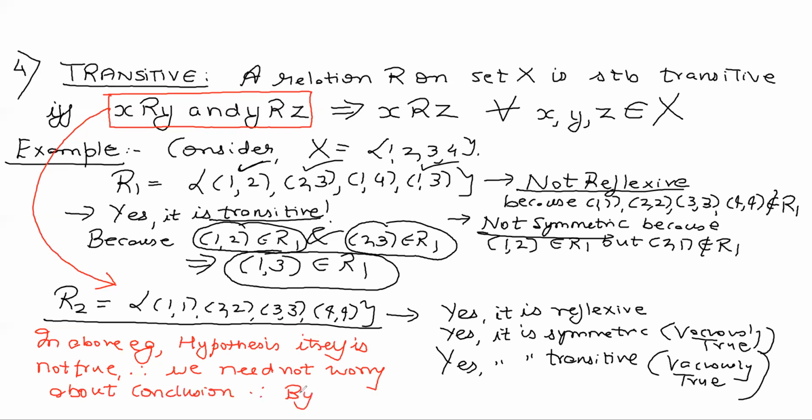Therefore, by default, the above relation is transitive. So guys, whenever the hypothesis itself is not satisfied, the statement will always be true. When will the statement be false? If the hypothesis is true, but the conclusion is false.